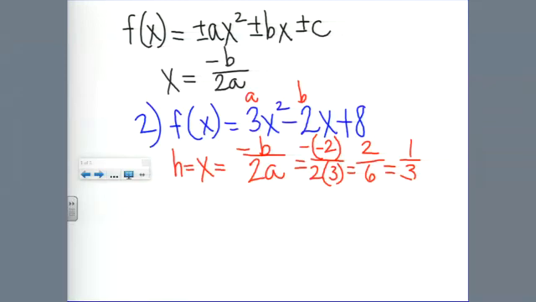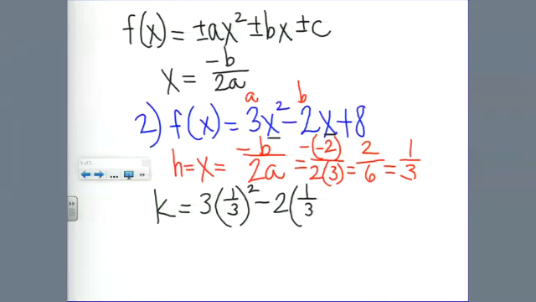Now we need to go back and find the k portion of our vertex, and to find k you just take 1/3 and plug it into every x in your function. So we have 3 times 1/3 quantity squared minus 2 times 1/3 plus 8.